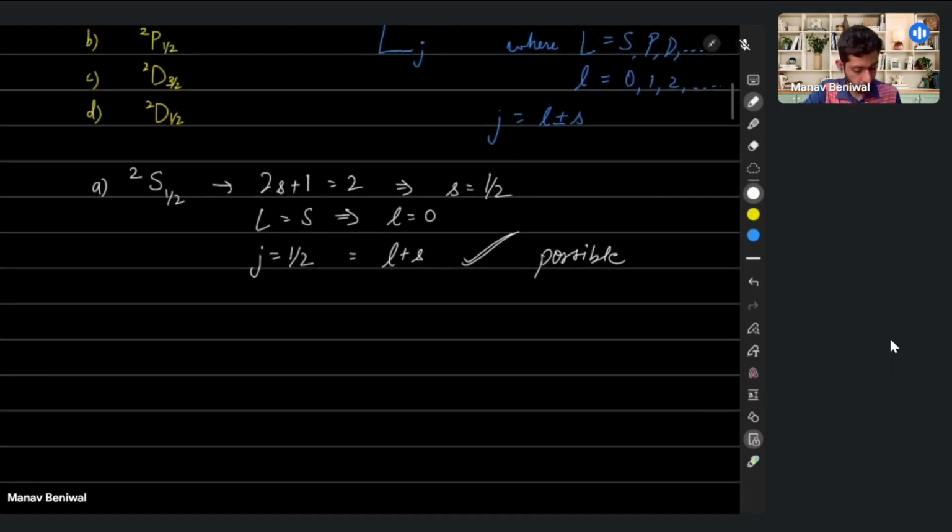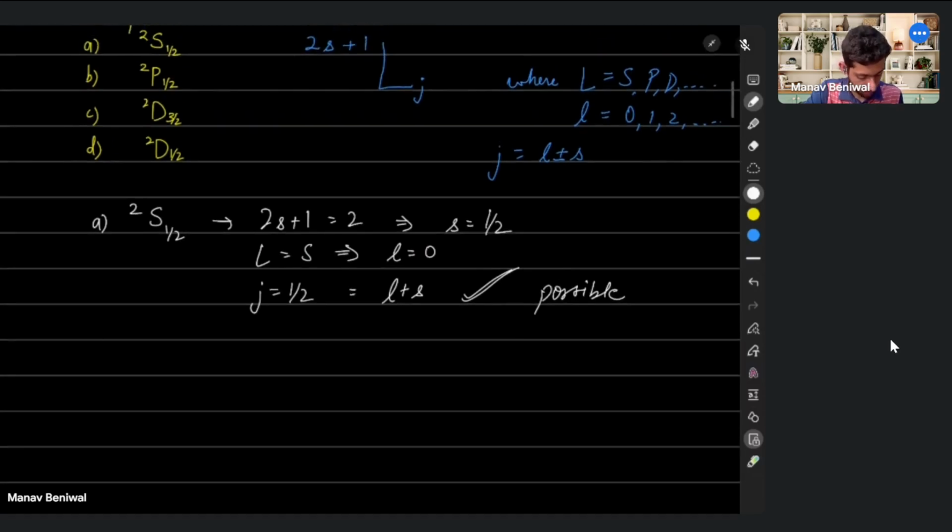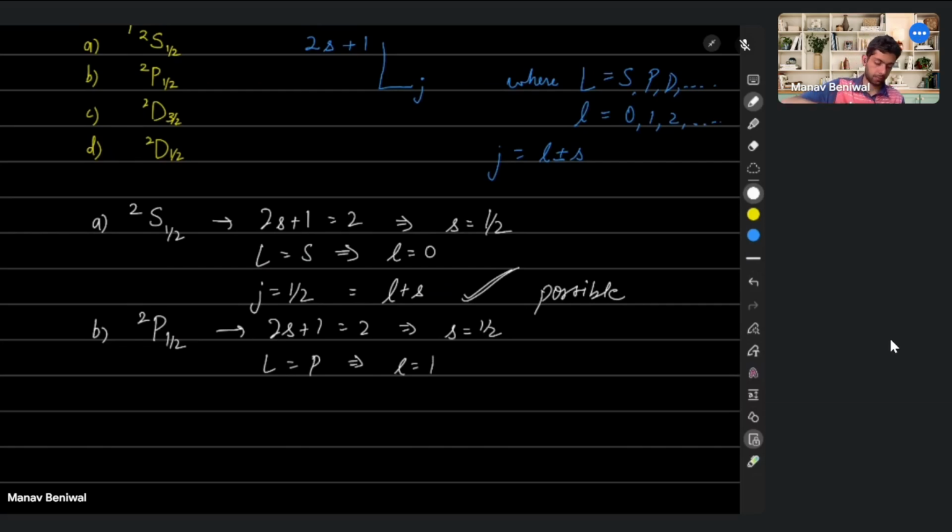Let's look at option B. Option B is 2P 1/2. Again 2s plus 1 is 2, so s is again half. Here L is P, which means small l will be 1. Again J is half, which we can write as l minus s. So again this term is possible.